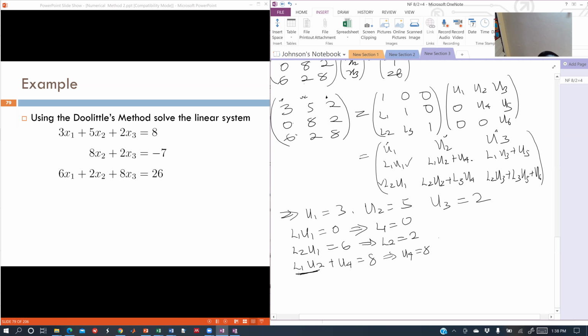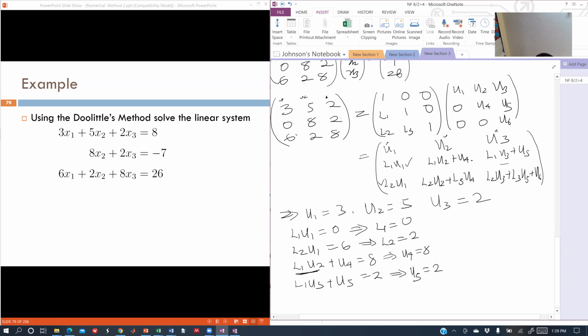So we can go to this particular term now, and that is going to give us L1 U3 plus U5 equal to, what is the value there? 2. And this implies, because L1 is 0, that U5 is equal to 2.